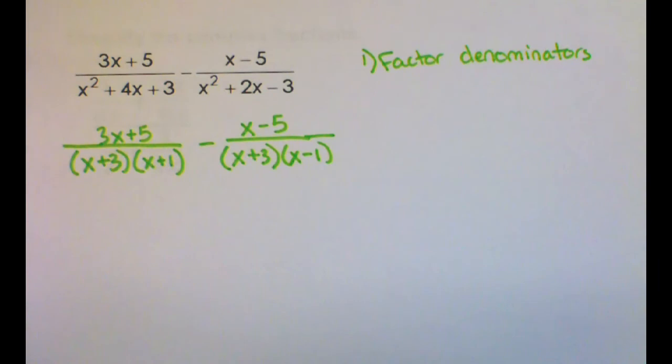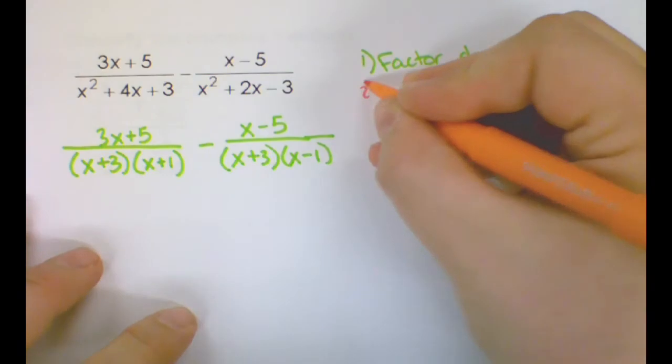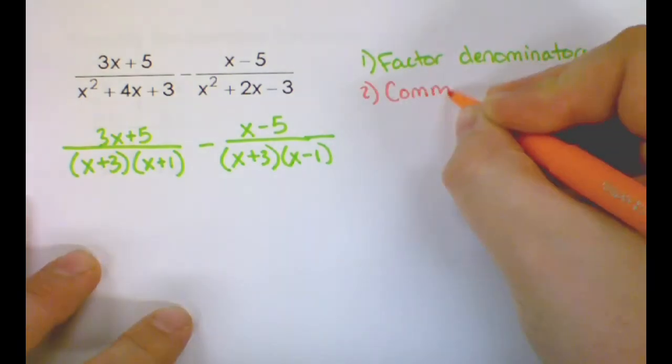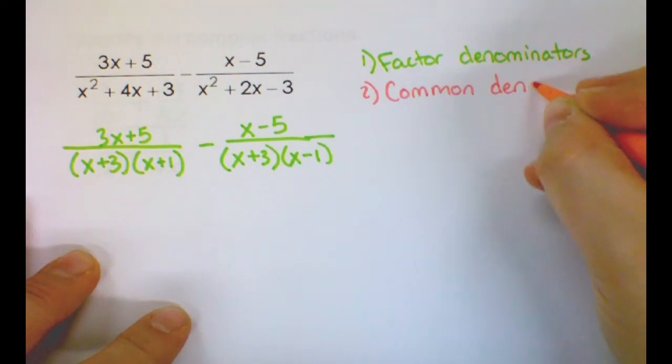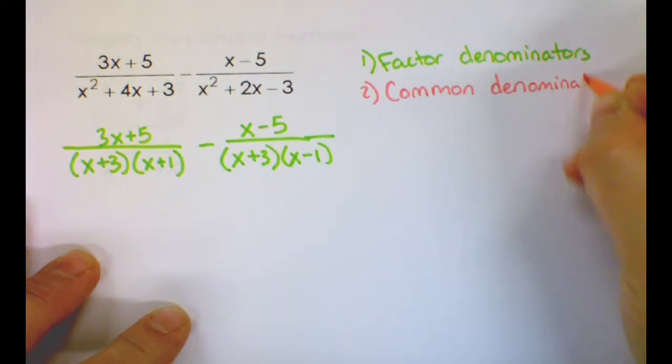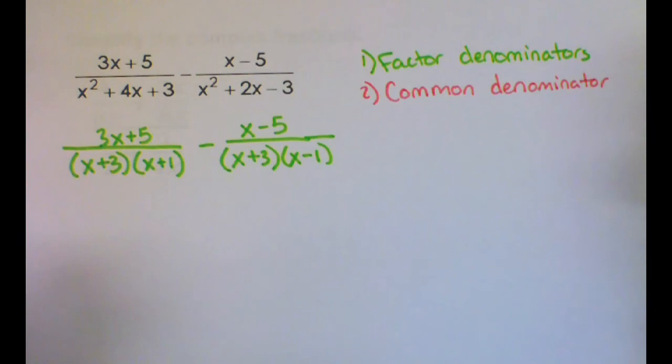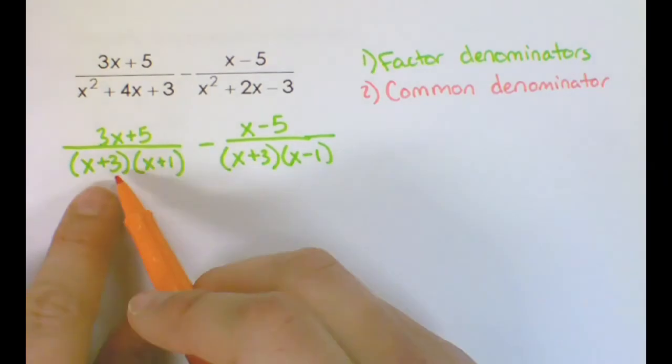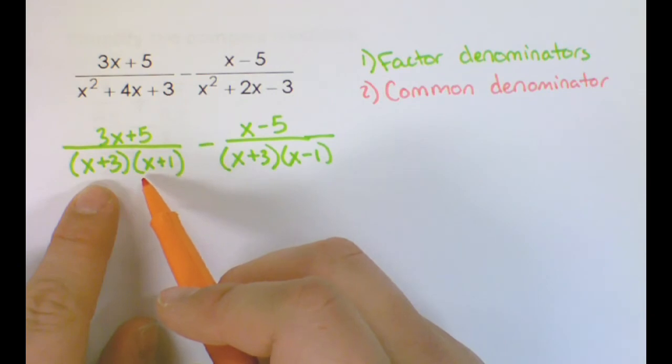All right, don't look for things to cancel. Not going to be helpful here. Step 2 is to get the common denominator. And to do that, we multiply by factors that each term doesn't have. So this first one has an x plus 3 and an x plus 1.